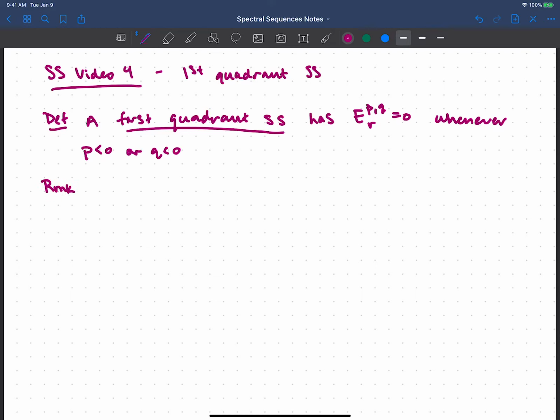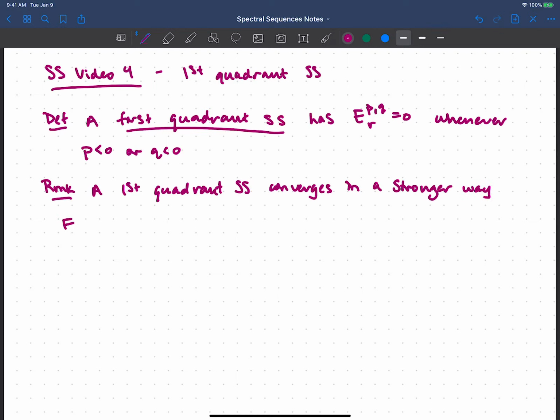Now let me make the remark that for a spectral sequence, one of the things we talked about is what it means to converge. A first quadrant spectral sequence converges in a stronger way, and that's part of why we'll want to deal with these, because they're a little bit nicer.